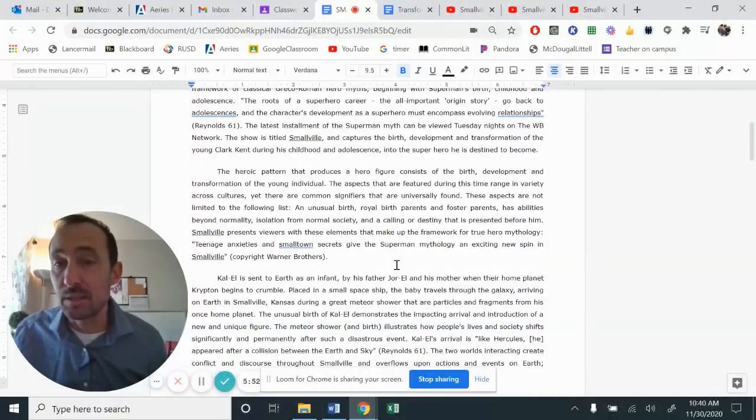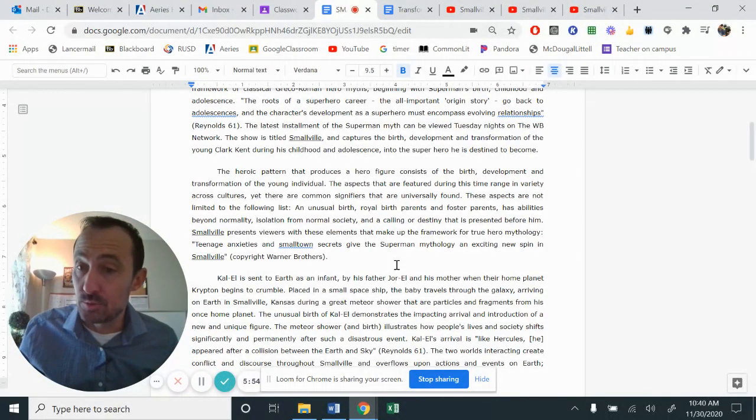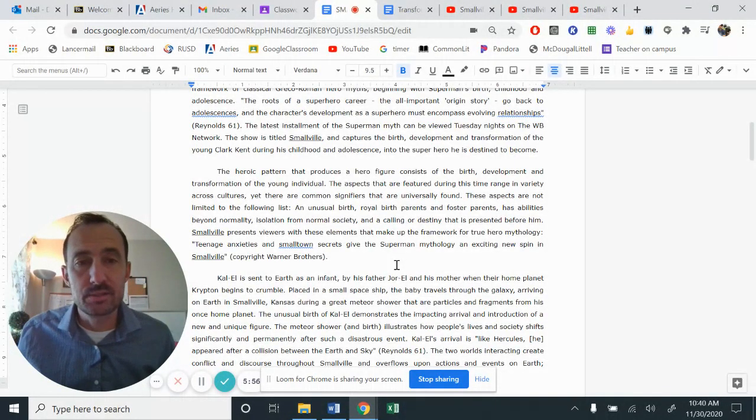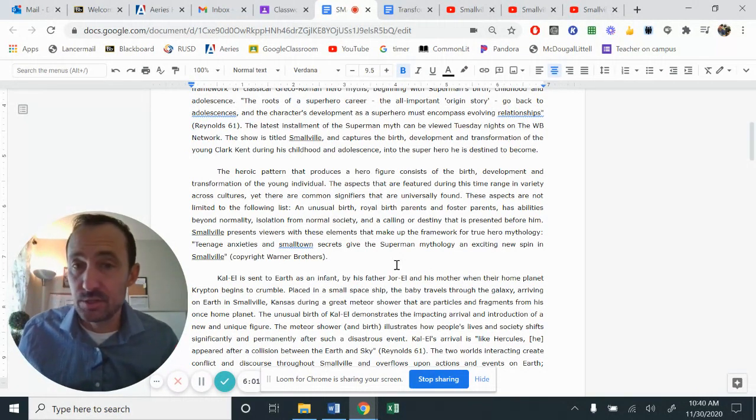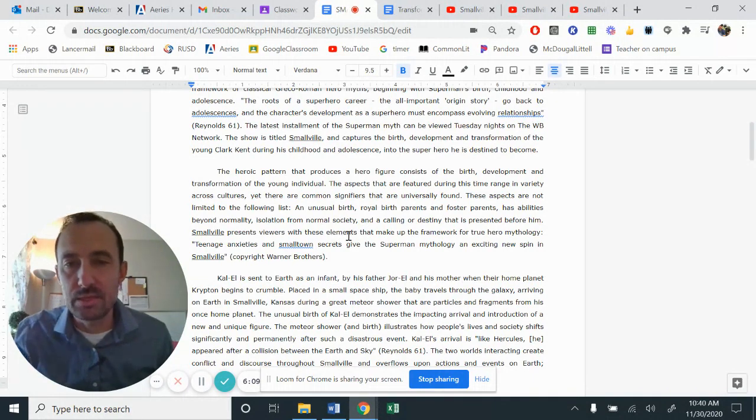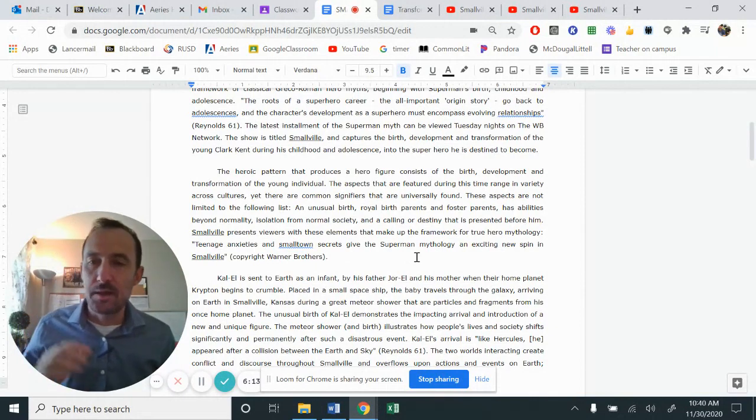These aspects are not limited to the following list: an unusual birth, royal birth parents and foster parents, has abilities beyond normality, isolation from normal society, and a calling or destiny that is presented before him. Okay, Smallville presents viewers with these elements that make up the framework of true hero mythology.